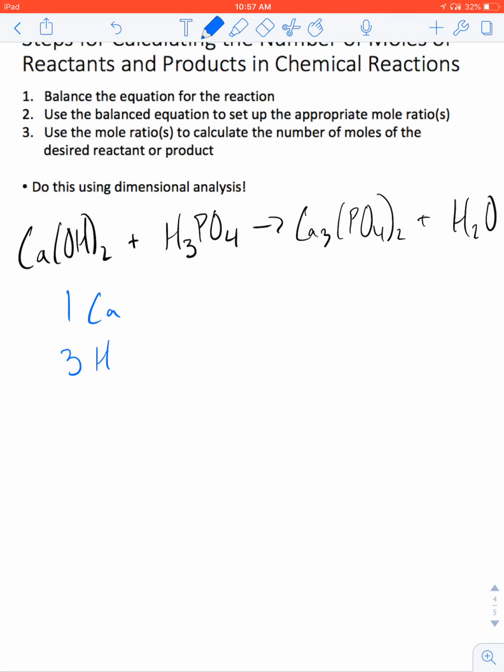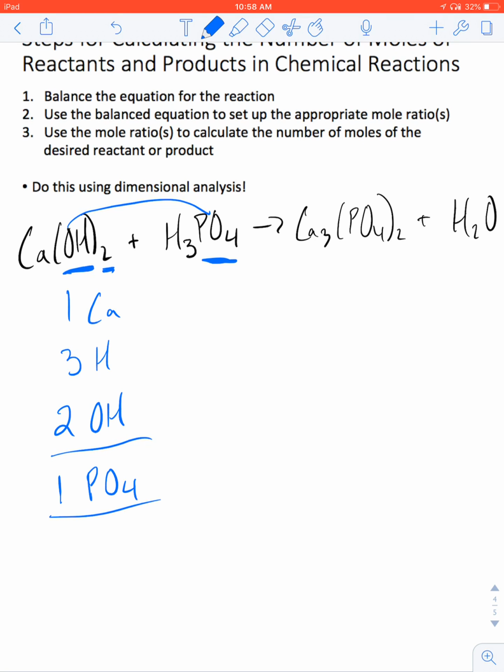So on the left side, on our reactant side, we have 2 polyatomic ions, hydroxide and phosphate. So what I'm going to do is keep those together. So we have 2 hydroxides and 1 phosphate. Now the reason I do this is because there's actually 2 places where hydrogen is and where oxygen is. So it becomes a little bit harder to consider balancing those when they're in separate locations. However, by putting them together in their polyatomic ions, hopefully it'll make this a little bit easier.